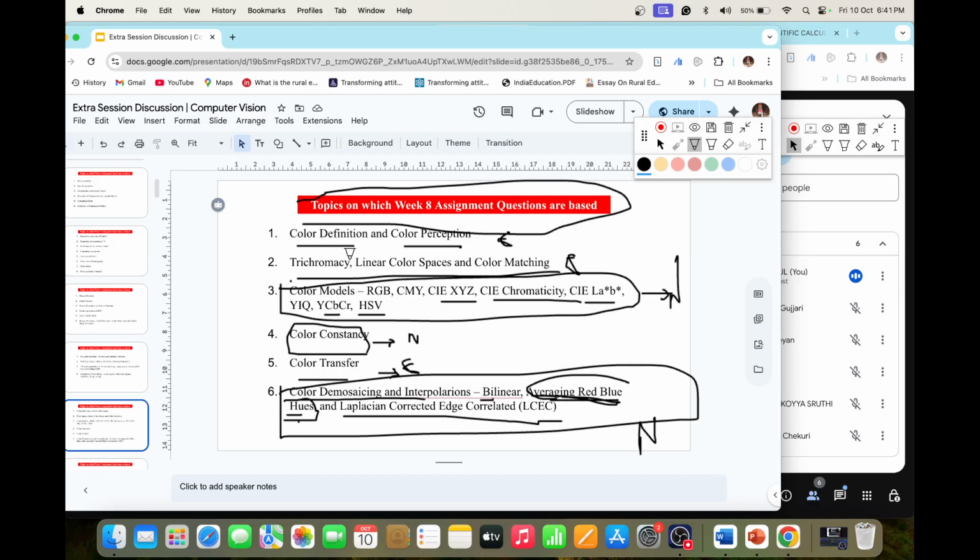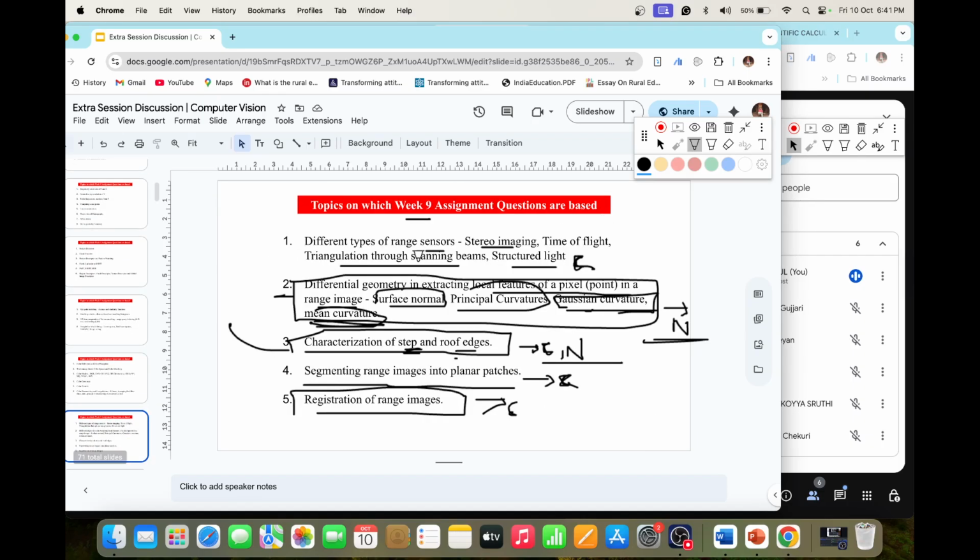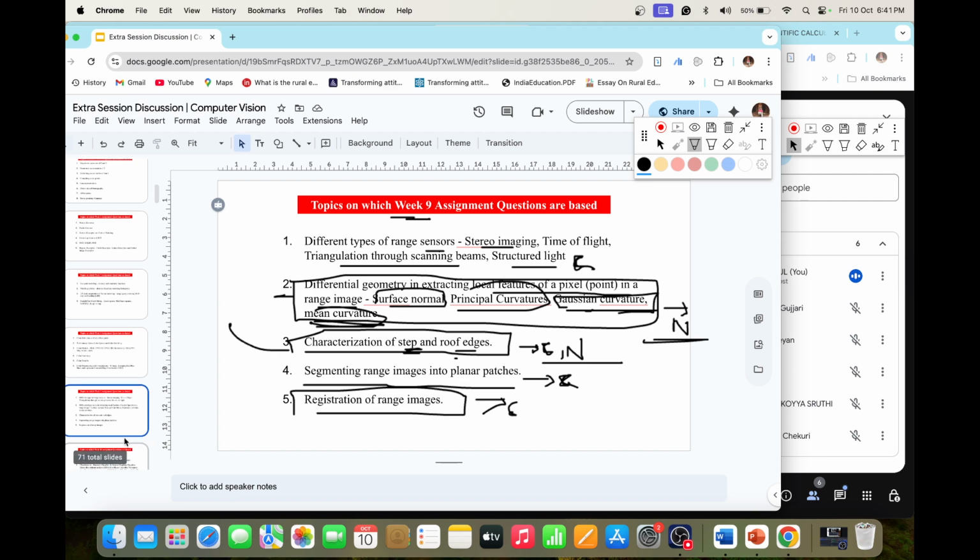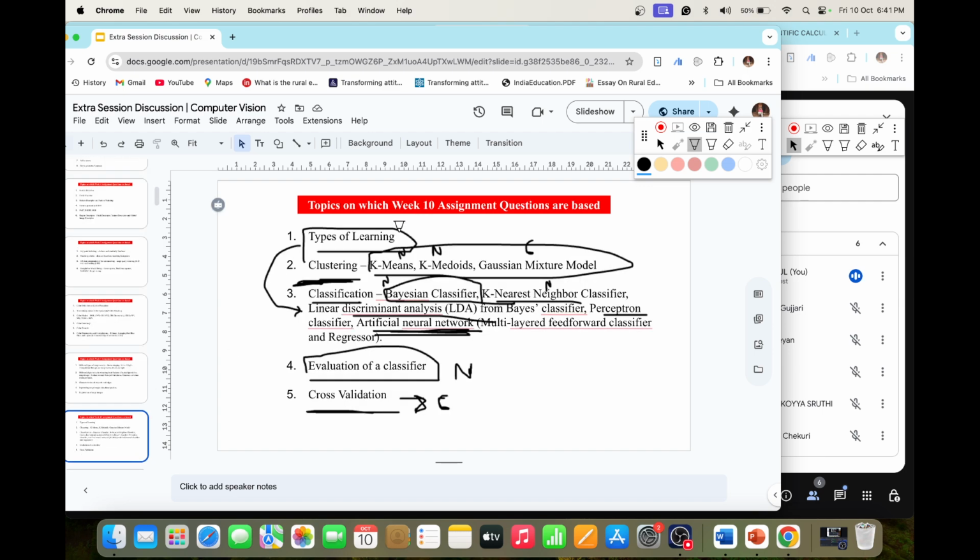Week 8 is related to color: colors and different color models and all the CFA terms. Week 9 is related to your range image. Week 10 is related to different types of learning, basically clustering and classification. Different types of learning mean unsupervised, supervised and reinforcement learning.